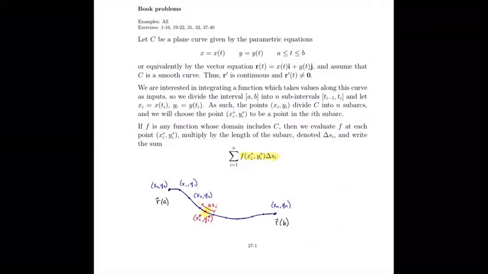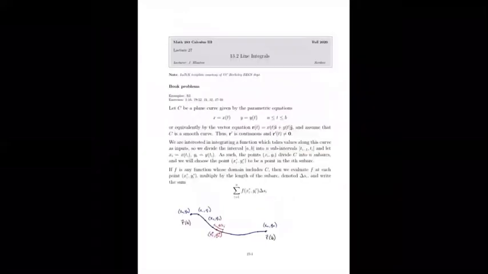Now, if we do that for all of these subarcs and sum them up from i equals 1 to n, then we'll get an approximation of the function's integral above this curve. Again, if we take the limit as n goes to infinity and shrink these subarcs to be infinitesimally small and have infinitely many of them, then we'll actually obtain the integral defined on the next page.